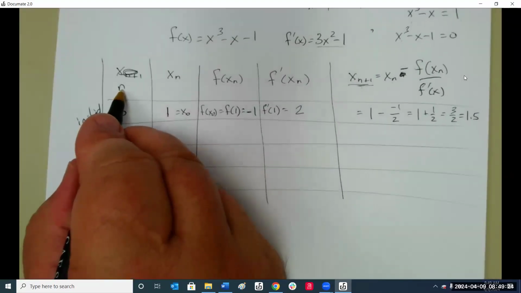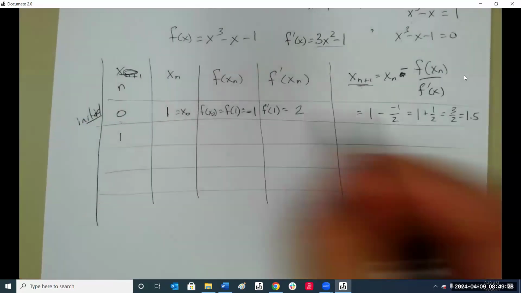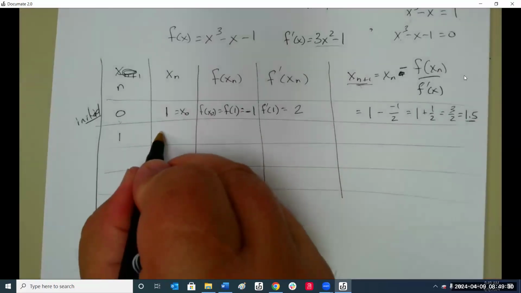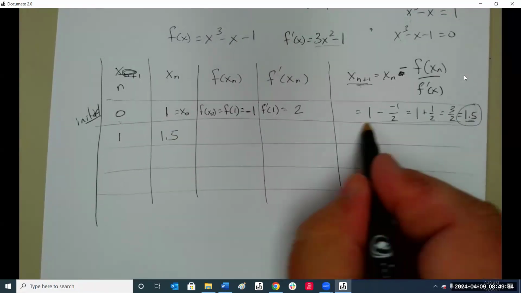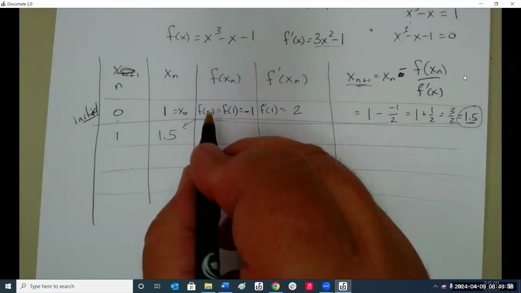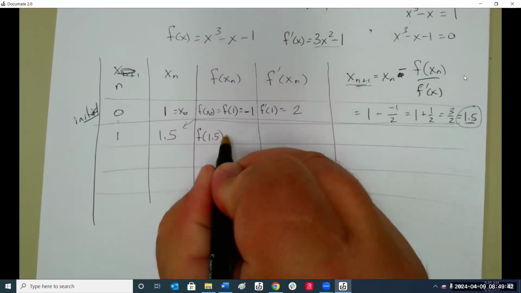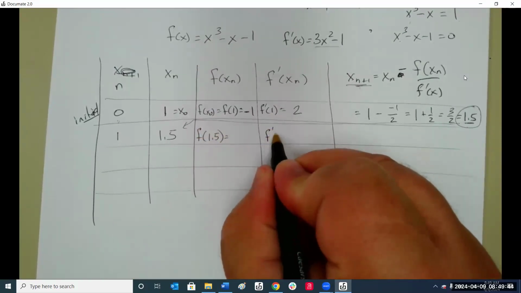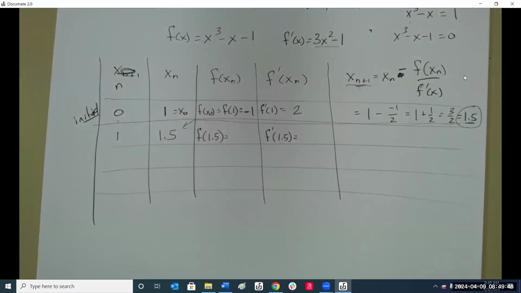So since my counter increases to 1, my next starting bid is at 1.5. So this number comes all the way over here and starts the next round. So now I plug that value into both the f and f prime.